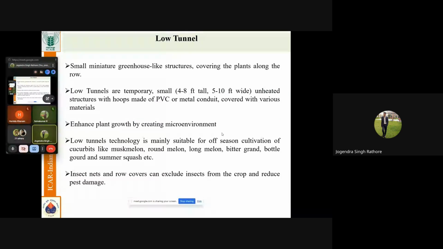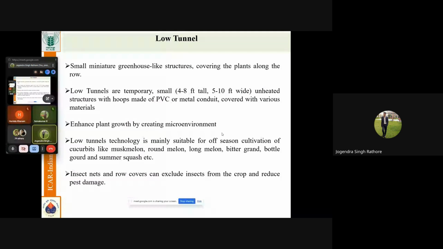So now, what do you understand by low tunnel technology? We discussed that low tunnels are the simplest and most widely used microclimatic modification which we can use for off-season cultivation.